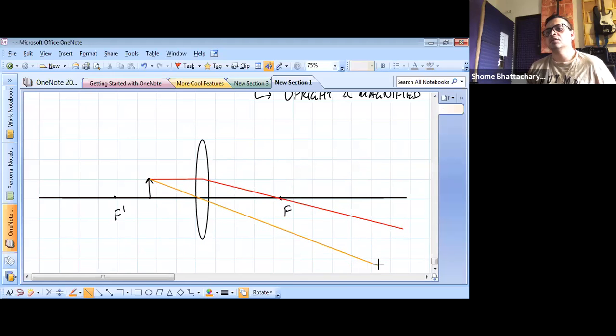You can see these two rays are now divergent. They are not convergent, they are divergent.